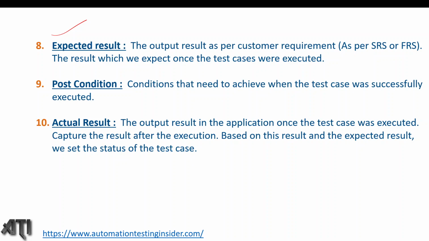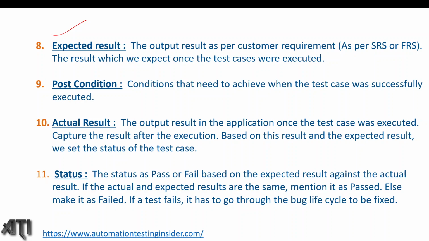Based on the result, against the expected result, we set the status of the test cases. If expected and actual result are the same, that means the test case is passed. Status, pass or fail, based on expected result against the actual result. Okay guys, if the actual and expected results are the same, mention it as passed, which we have discussed, else make it as failed.